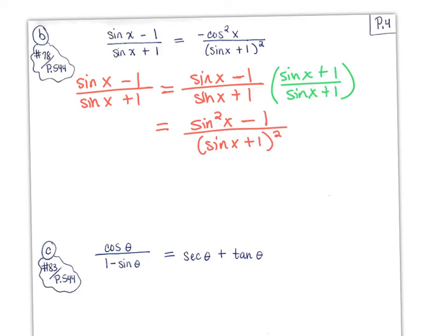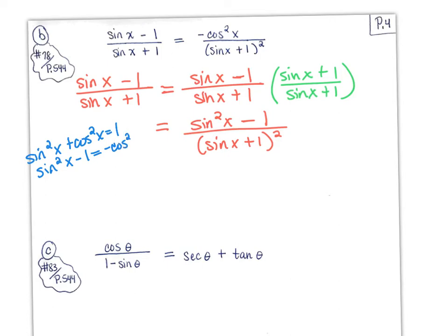Now, you have a Pythagorean identity involving sine squared and cosine squared. What is it? Sine squared x plus cosine squared x equals 1. So that means sine squared x minus 1 equals what?